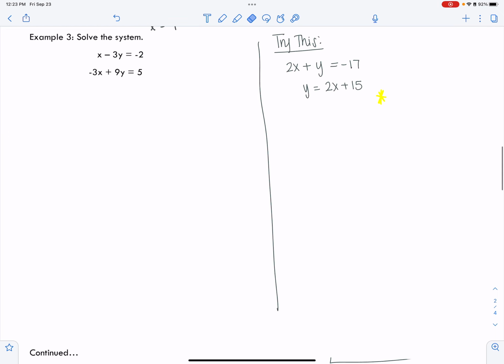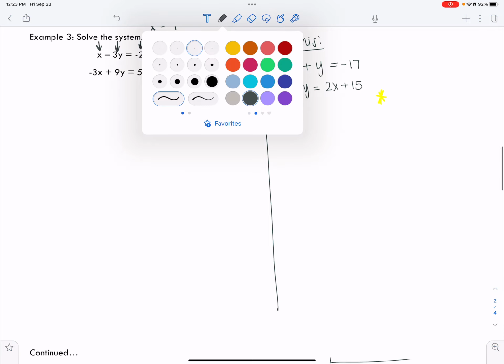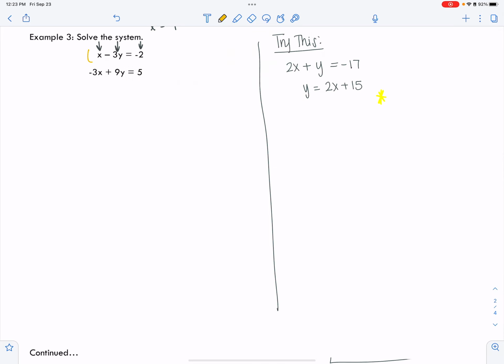Okay, example 3. x minus 3y equals -2. -3x plus 9y equals 5. Okay, so I'm going to add down the columns. Now, upon first glance, none of these actually cancel out. But I can multiply this top equation. Let's get rid of y this time.